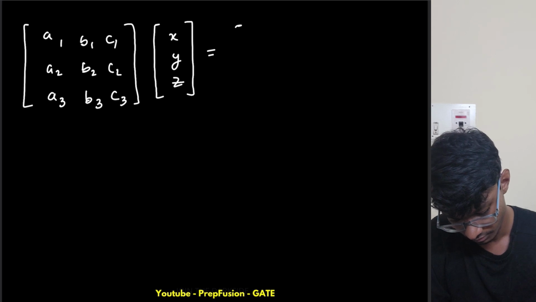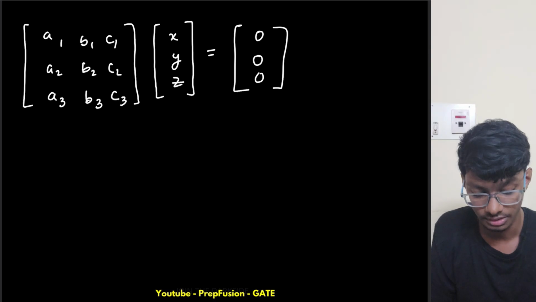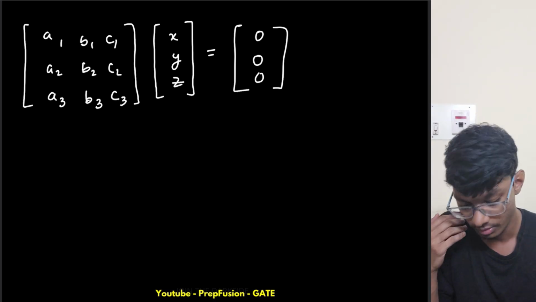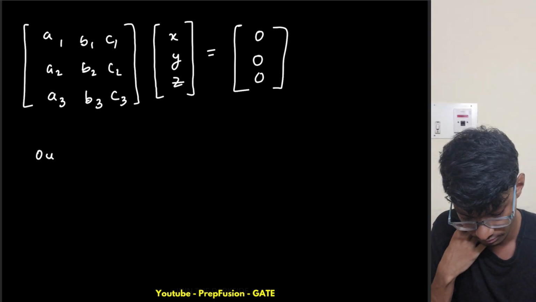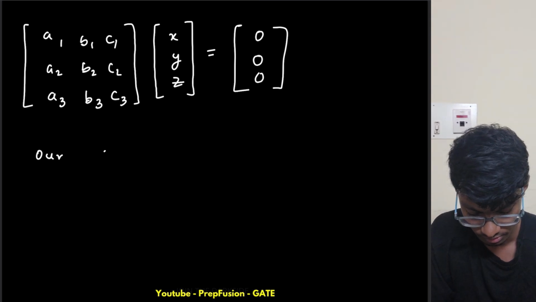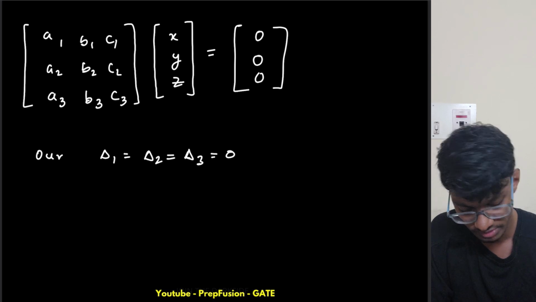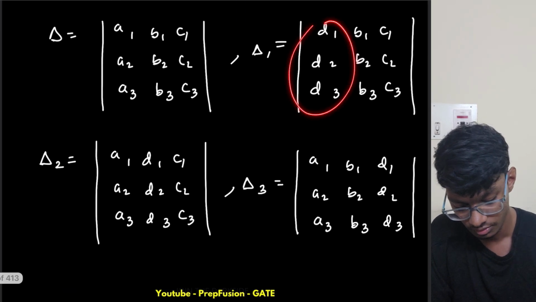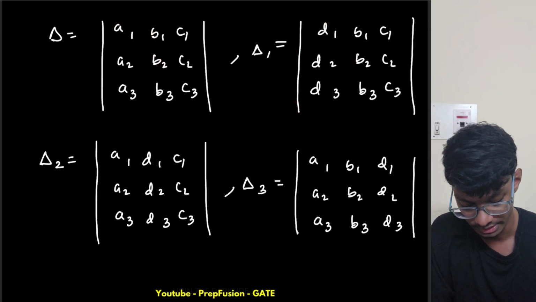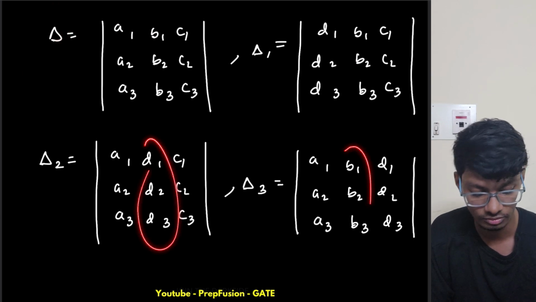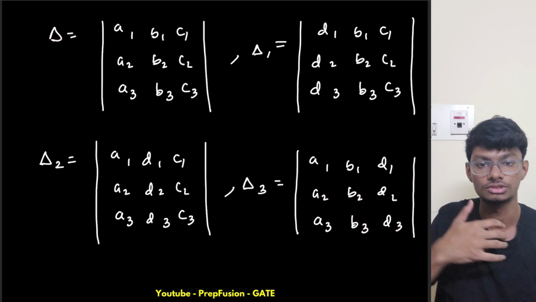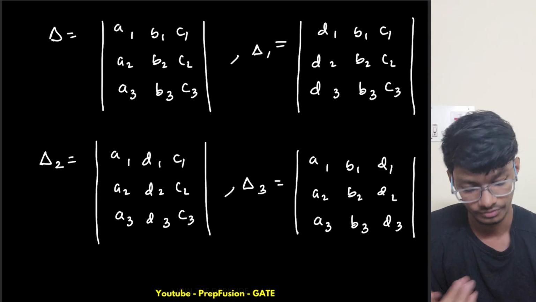Then delta 1, delta 2 and delta 3 will always be 0, because except for delta, one column will always be full of zeros. So our determinant will become 0.